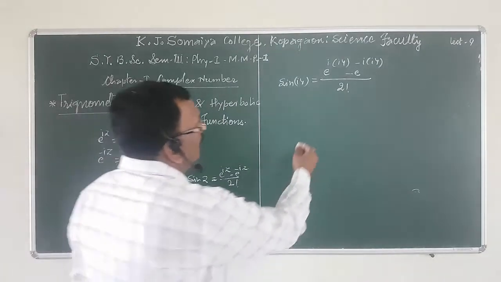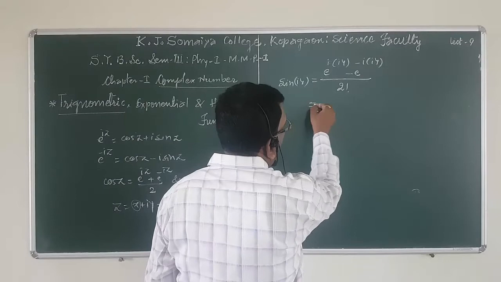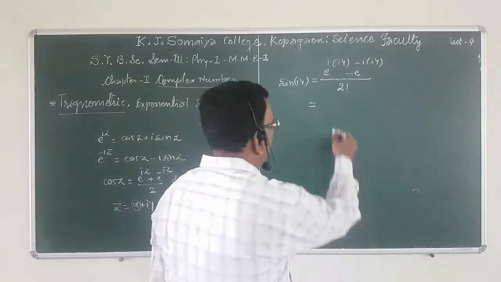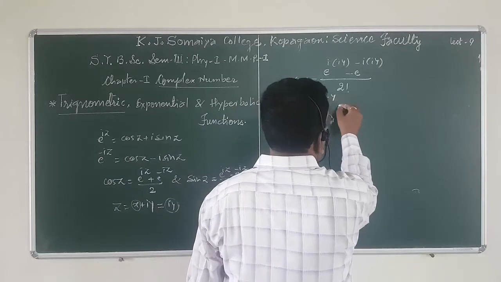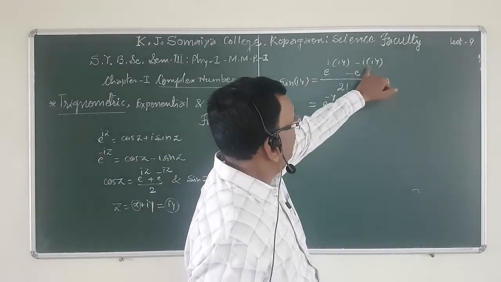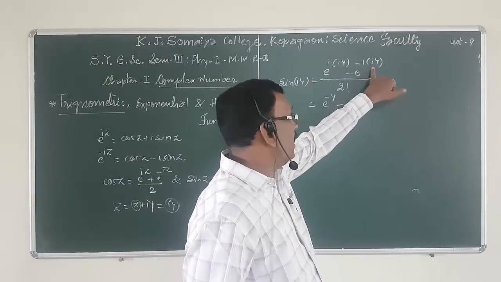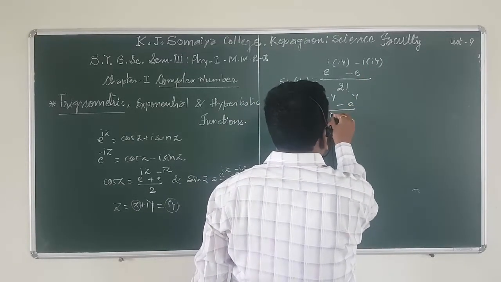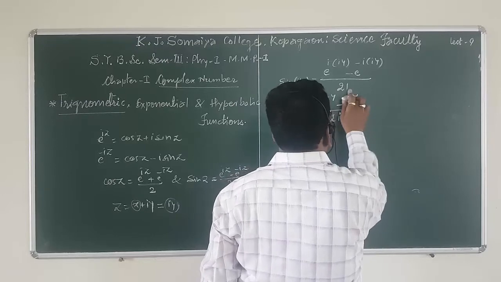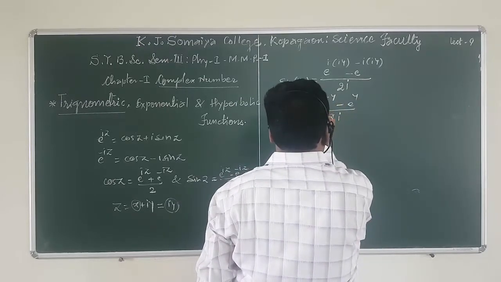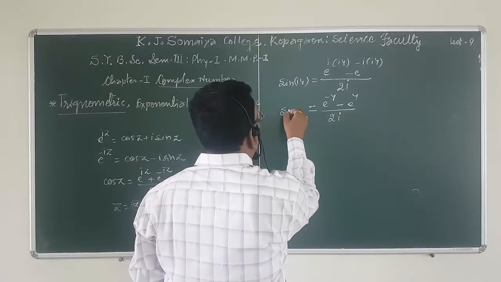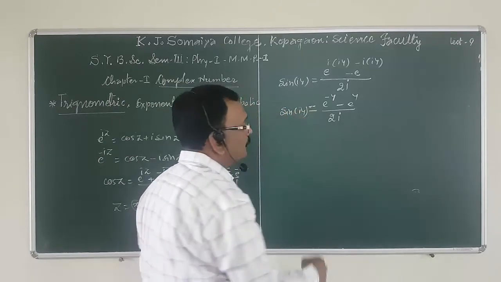Now, simplify this. i into i square, value of i square is equal to minus 1. Therefore, e raised to minus y, minus here i into i square, the value of i square is minus 1, plus e raised to y upon 2i. This is sin iy.